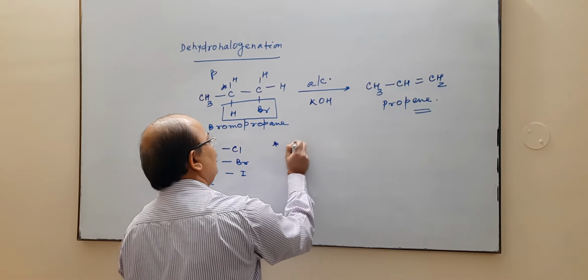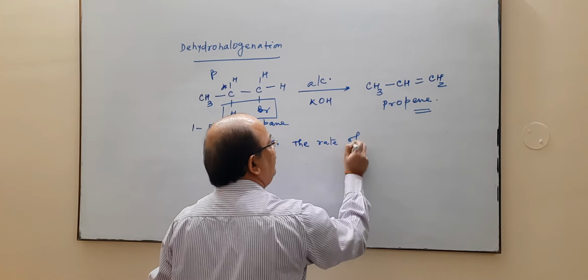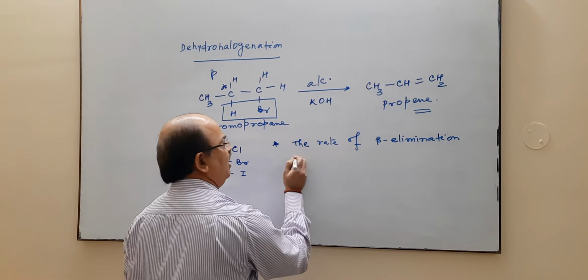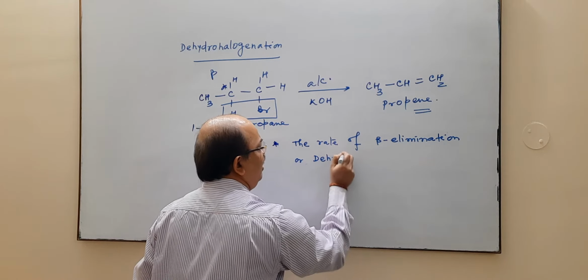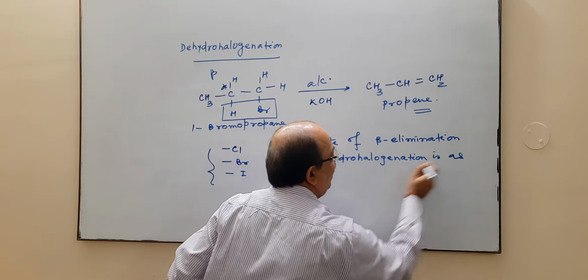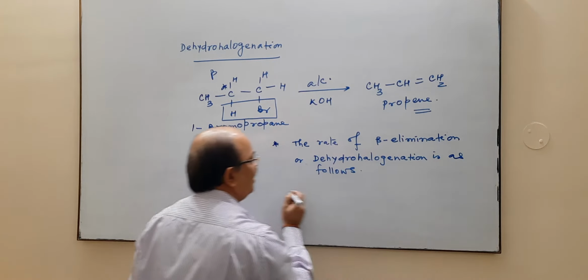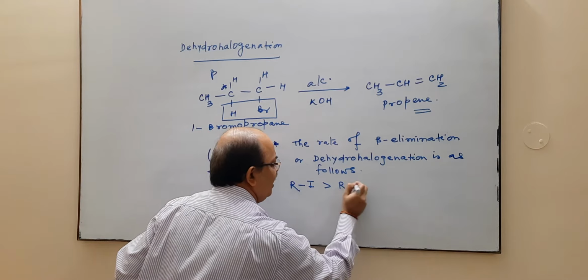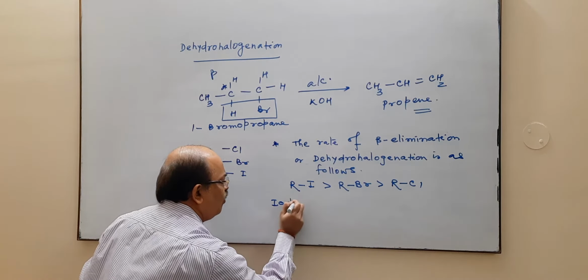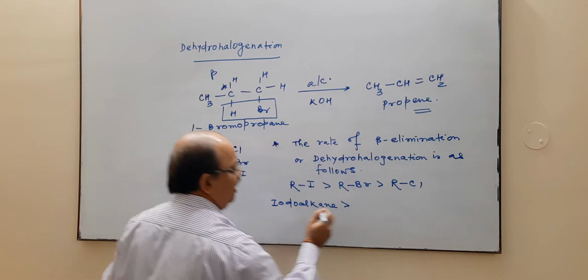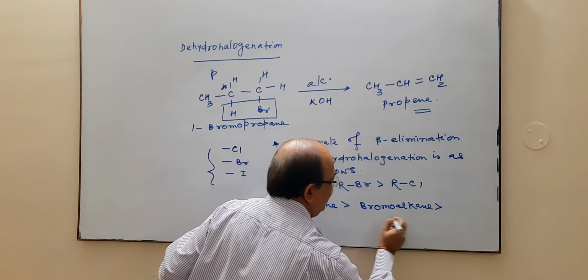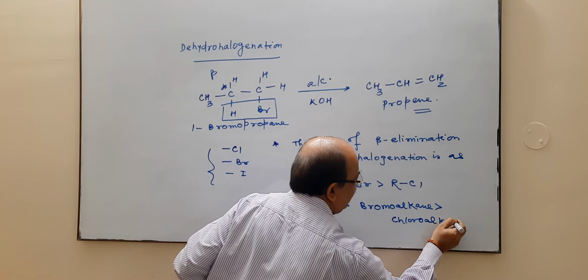You can write the rate of beta elimination, or dehydrohalogenation, as follows: RI greater than RBr greater than RCl, meaning iodoalkane is more reactive than bromoalkane, which is more reactive than chloroalkane.